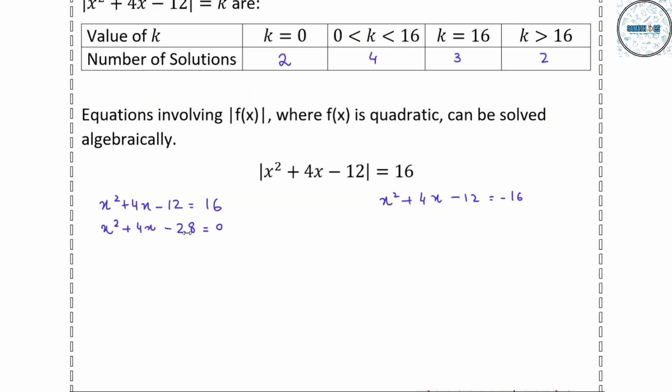We cannot solve this quadratic equation by factorization, so we have to use the quadratic formula, for which we have to write down the values of a, b, and c. a is 1, b is 4, and c is minus 28. So x is equal to minus 4 plus minus under root b square, 4 square, minus 4ac, 4 into 1 into minus 28, divided by 2a.